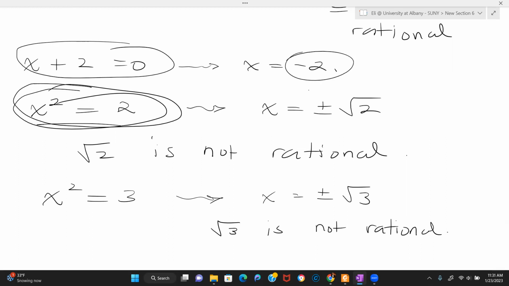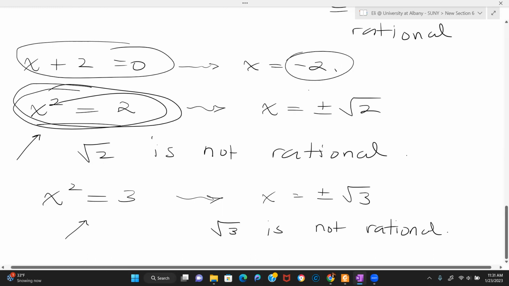So that's one way of defining the real numbers: you fill in the gaps. There are these gaps corresponding to these equations right here, which have no rational solutions. So you just say, let square root of 2 be that number such that it's a solution to this equation.